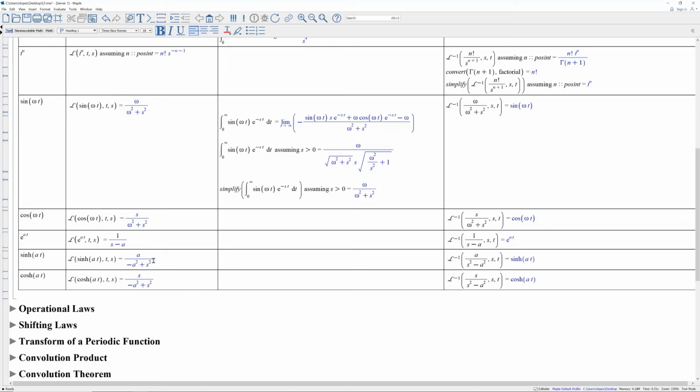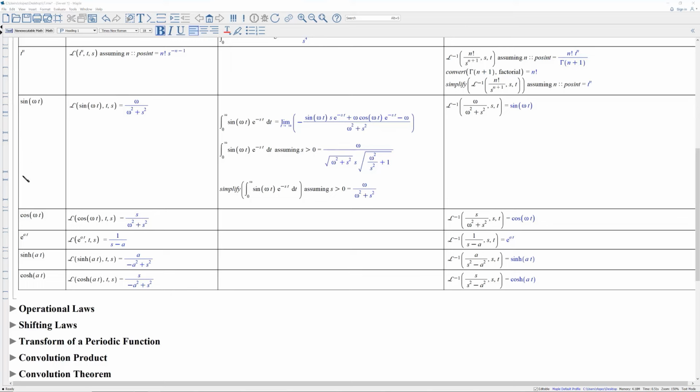Hyperbolic sine is a over s squared minus a squared. S squared plus omega squared, s squared minus omega squared, or a squared. S over s squared minus a squared, s over s squared plus omega squared. And the inverses behave the way you would expect them to.